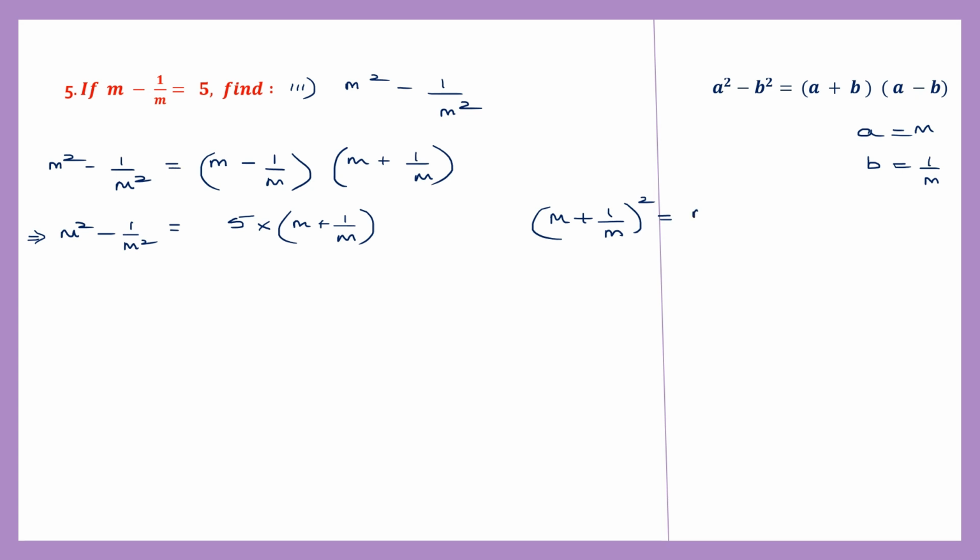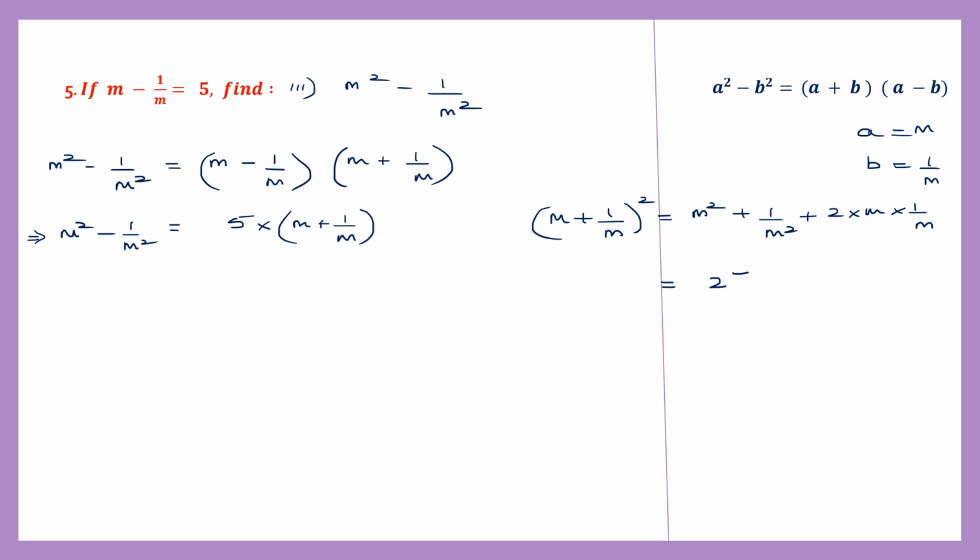So this will be m² + 1/m² + 2ab, that is 2 into m into 1/m. Now why am I doing this? Because I'm going to find the value of m + 1/m. So here I'm going to apply all this and see what we get. Now here, as you can see, this one, m² + 1/m², we got the answer to this in the previous question itself, in question 1, and we got the answer as 27.